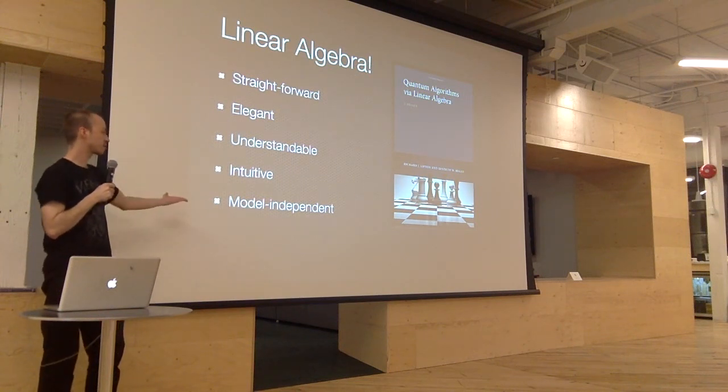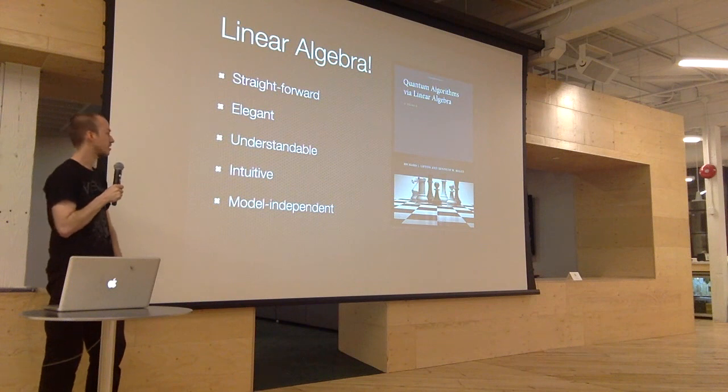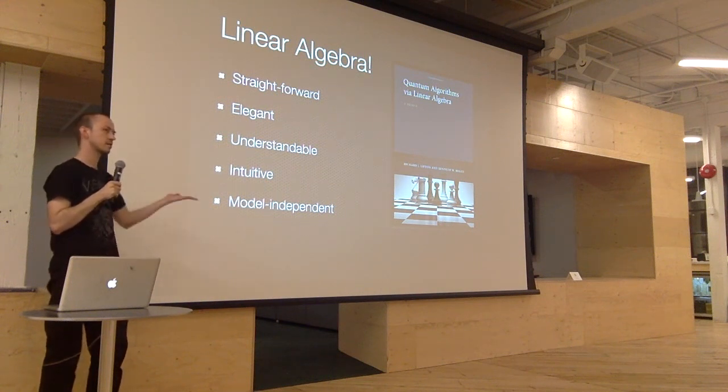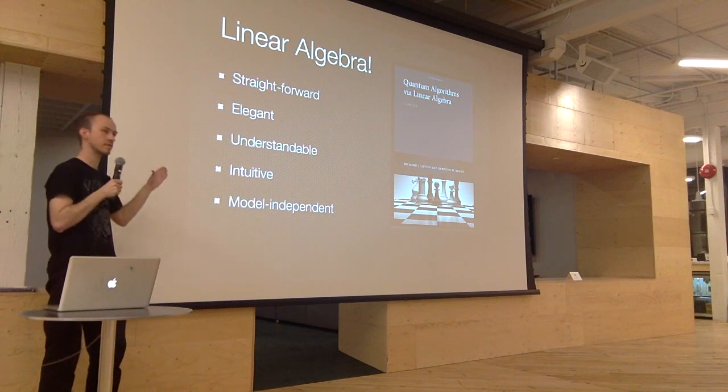And it's even model independent, so it doesn't rely on the quirks of the gate model or the newer circuit model. And you can even describe both adiabatic and gate model quantum computing with it. And this book actually goes through in detail all the major quantum algorithms.